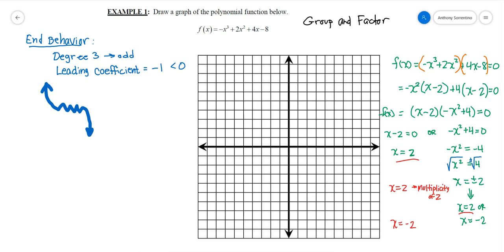So I know I have coordinates 2, 0 and negative 2, 0. Notice I am not graphing anything yet, because I have to first figure out other things about this particular function and know how far to scale it. So I'm not immediately putting these numbers in yet, but these are numbers, I'll put some stars next to them, that I'm going to eventually want to plot.